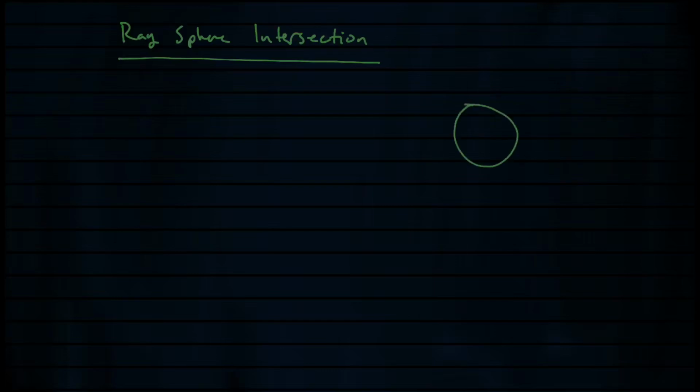Now, let's talk about ray-sphere intersection. And we could actually be talking about the intersection of a ray and any kind of an object. But in this particular example, we are interested in what happens if a ray has one of three cases.